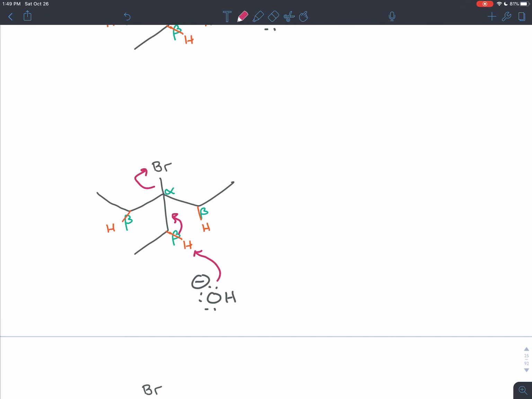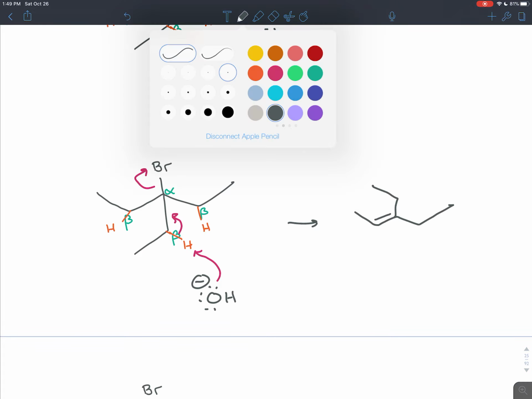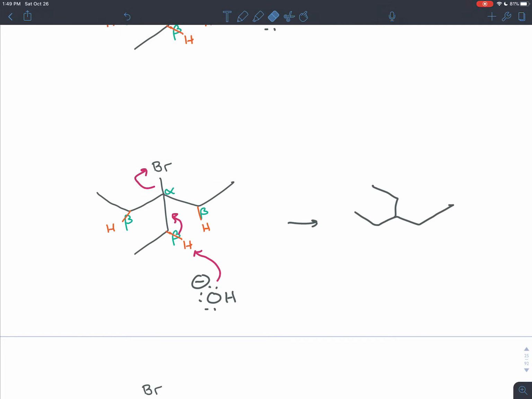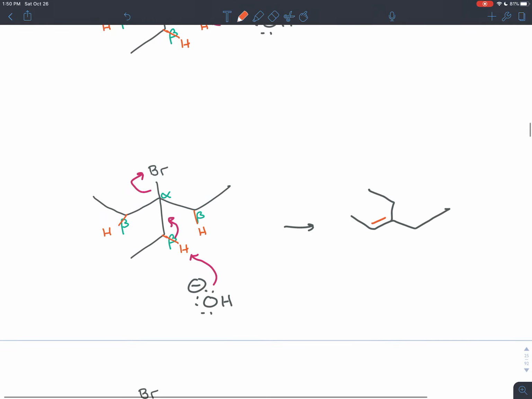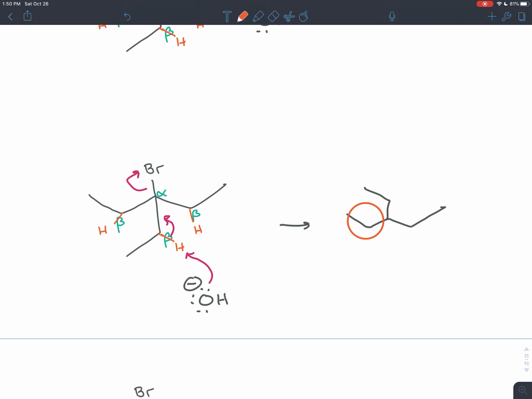It goes toward the leaving group, kicks the leaving group off, in which case we would get this alkene, right? The group on the right stays the same. The group on the left just gets pushed up a little bit, so it's trigonal planar, and this group at the bottom gets its pi bond.